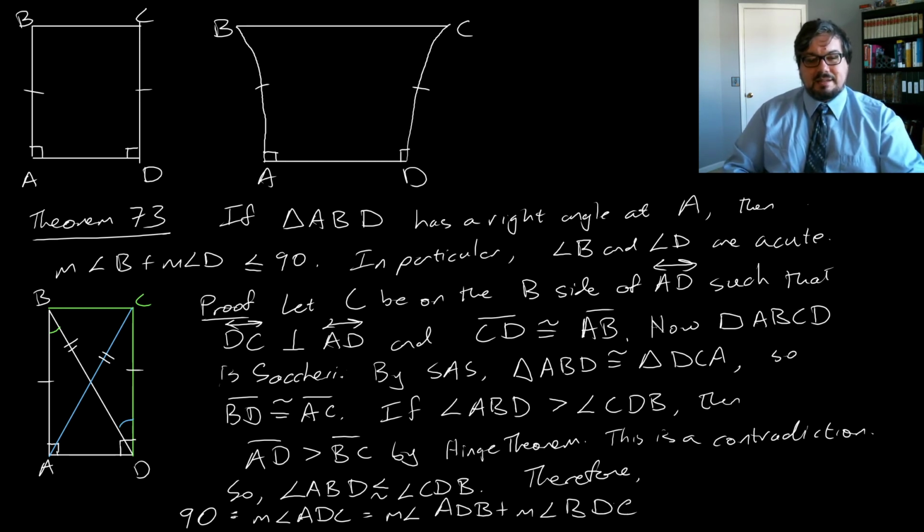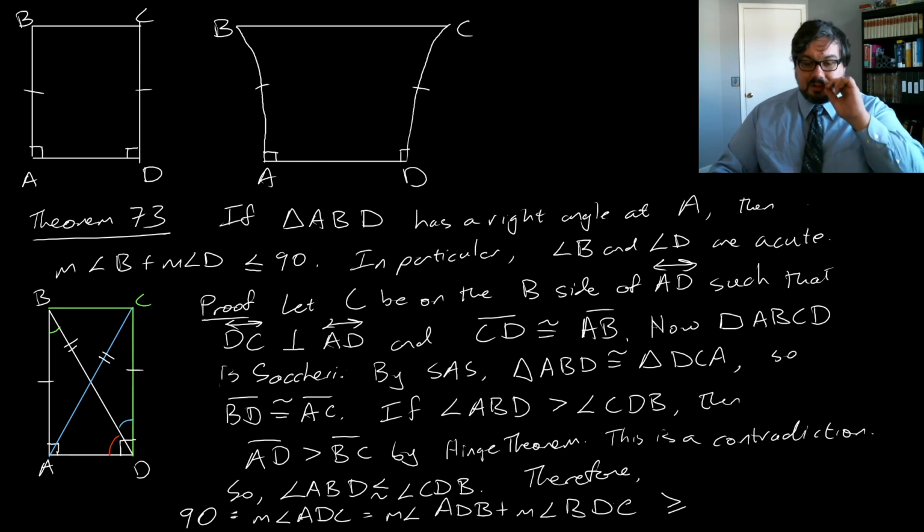So we get that 90 is equal to the measure of ADB, the red angle, plus the blue angle, which is greater than or equal to, we have that CDB is greater than or equal to the measure of angle ABD.